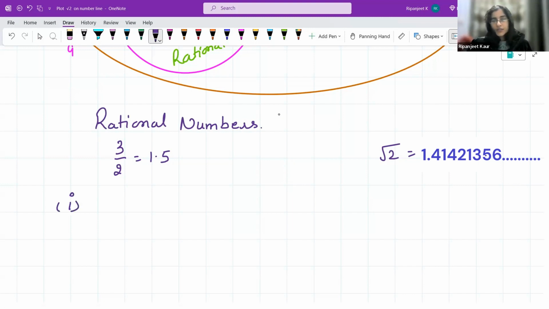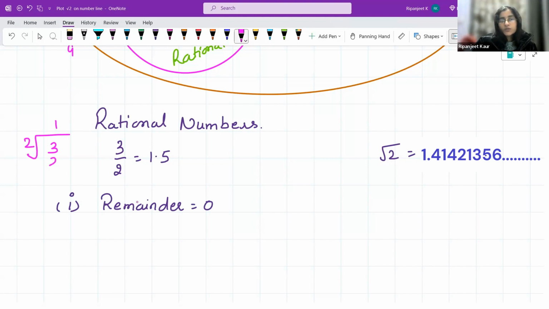It can be the first case, right? For example, if we have 3 over 2, how did we get it? 3 divided by 2. 2 ones are 2. 1 is left. We put a point and then a 0. Take down the 0. 2 5s are 10. So the remainder becomes 0. This is the first case.